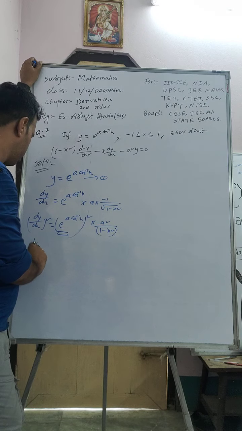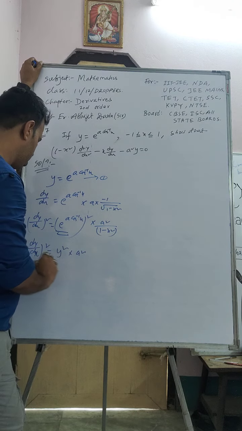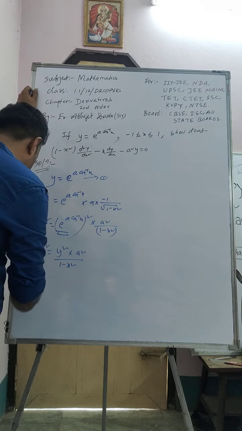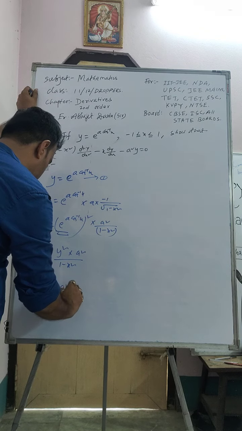So dy dx whole square is a square y square over 1 minus x square. Now multiply this part here by 1 minus x square: 1 minus x square into dy dx whole square equals a square y square.